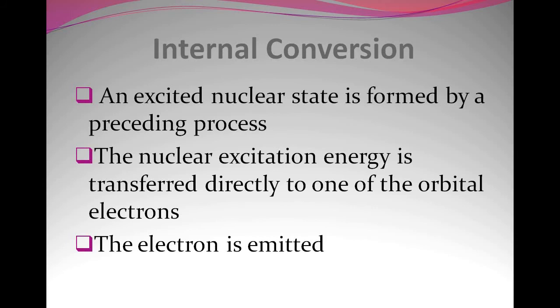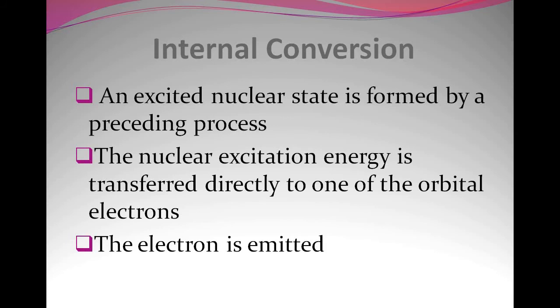And that orbital electron is bound to the nucleus, and if it is getting some energy, it can excite or it can eject from the atom. So it will be ionized, if that electron is getting an energy greater than the binding energy, the electron can escape from the atom.